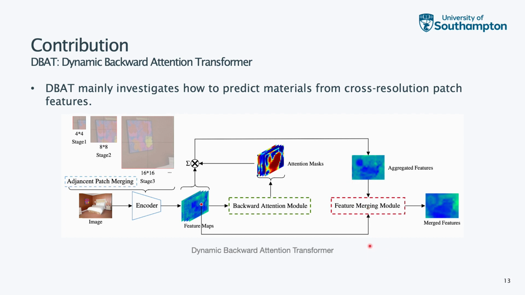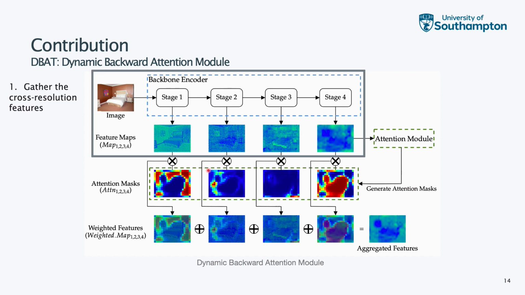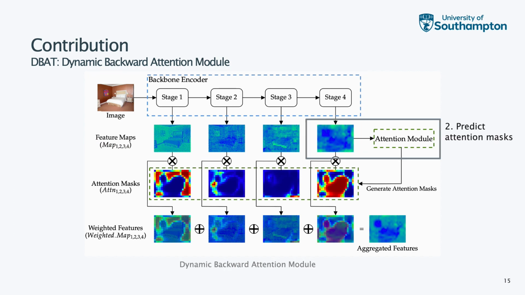Now, let's take a closer look at the backward attention module. It first gathers the cross-resolution features extracted from the backbone encoder. Then the attention module predicts the attention masks from map 4 here.